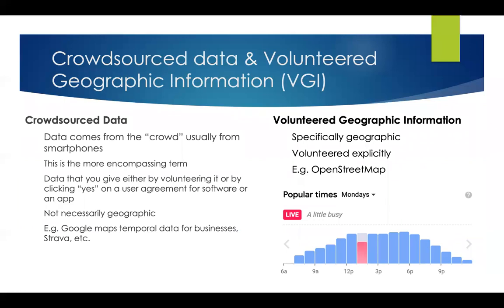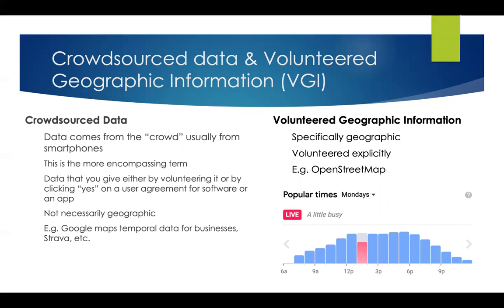One specific type of open data is volunteer geographic information, or VGI. This is data which includes things like OpenStreetMap, but also things like Strava, the exercise app that allows you to contribute your exercise information. I also show that in one of the videos I posted this week. VGI is specifically geographic data that is explicitly volunteered, but it falls under a large umbrella of crowdsourced data.